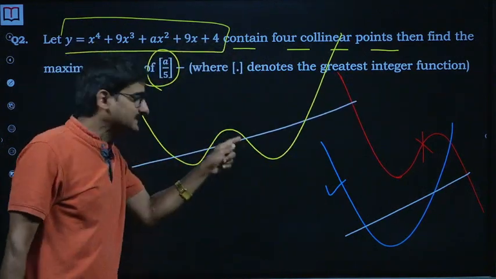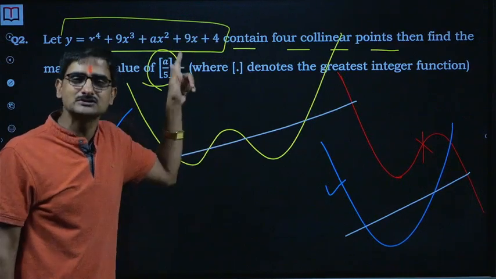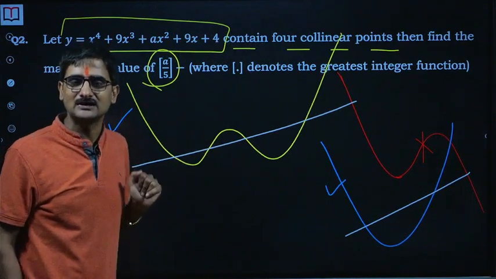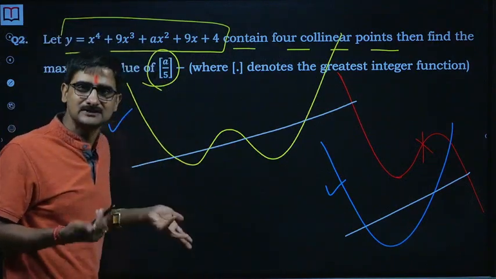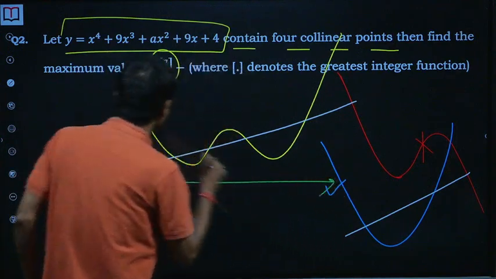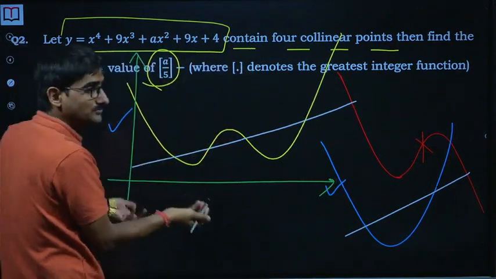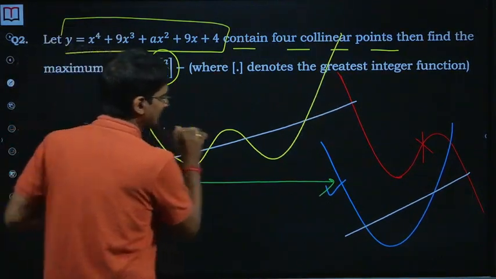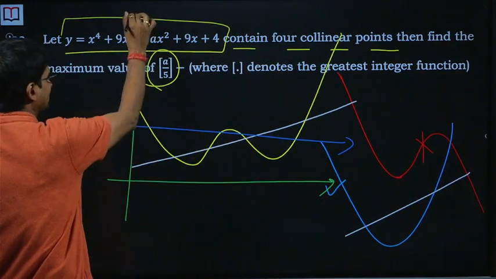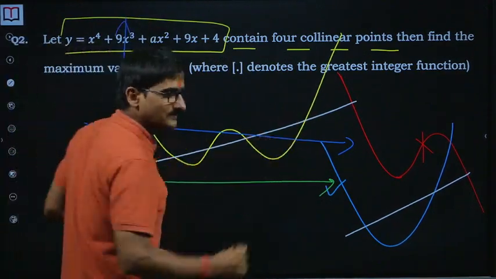Now is this case dependent on the roots of the polynomial equation? The answer is no. I didn't draw the x-axis, the reference line. If I draw the x-axis like this and the y-axis, it has no root. Or if I draw my x-axis something like this, it has 4 roots.